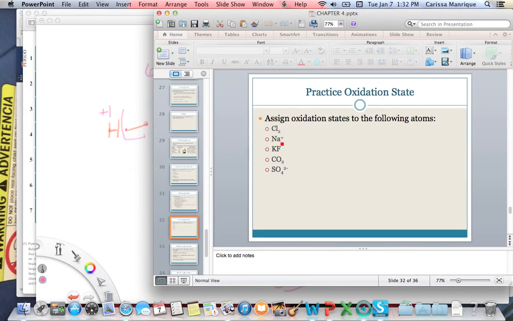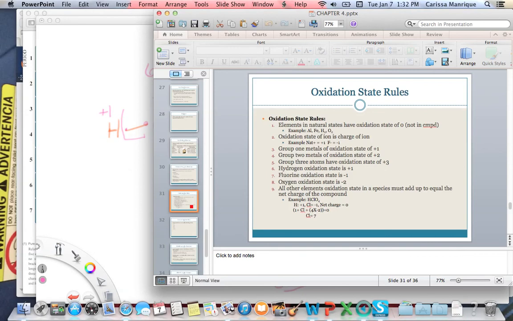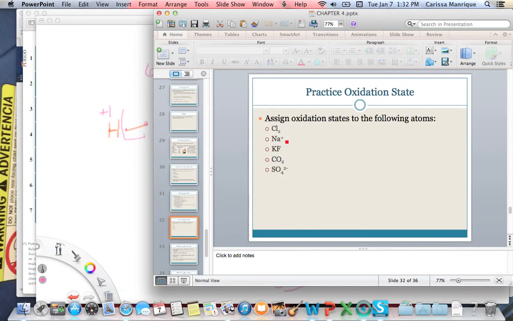Sodium plus: it says it's a plus charge, so the oxidation state is +1. It's whatever it says it is. KF: K is in group 1, so we know it's going to be +1. Fluorine is -1, so potassium is +1, fluorine is -1.